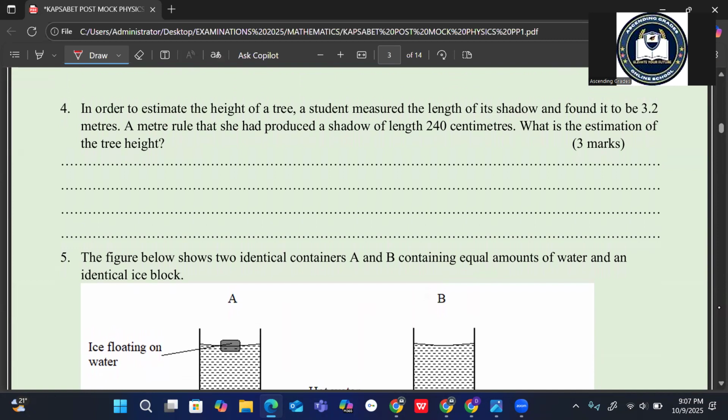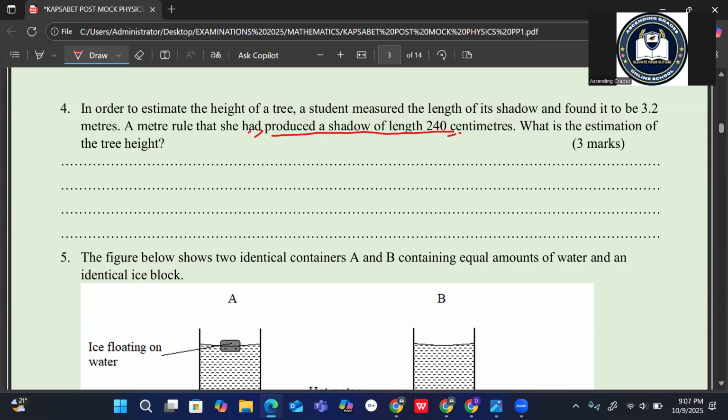A meter rule that she had produced a shadow of length 240 centimeters. What is the estimation of the height of the tree?